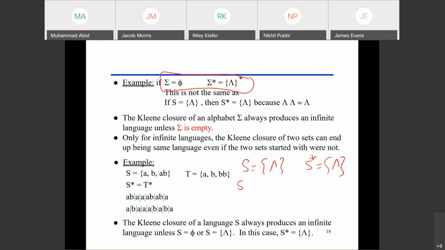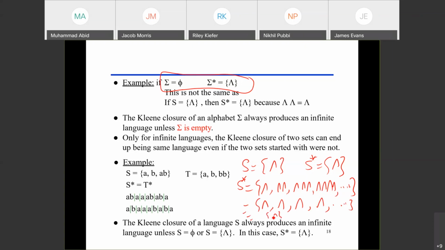Because here you have S star equal to 1 lambda, 2 lambdas, 3 lambdas, 4 lambdas, and so on. But because this is the property of lambda, if you have 2 lambdas, it will concatenate and give you just 1 lambda. Any number of lambdas will give you just 1 lambda, and we do not write the duplicate terms, so this will equal just lambda.